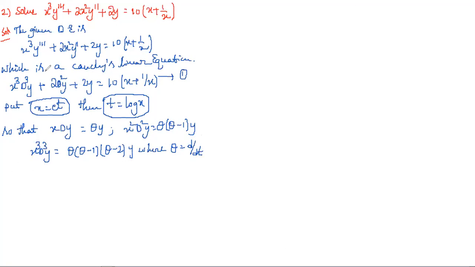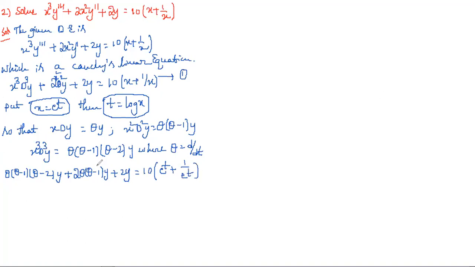Now you can substitute all these things in equation 1. So we get theta into theta minus 1 into theta minus 2 into y plus 2 into x square d square y, that is theta into theta minus 1 into y, plus 2y is equal to 10 into x, which is e power t, plus 1 by x, which is 1 by e power t.